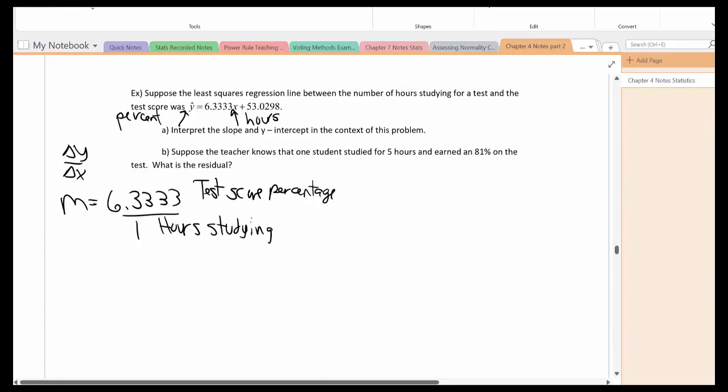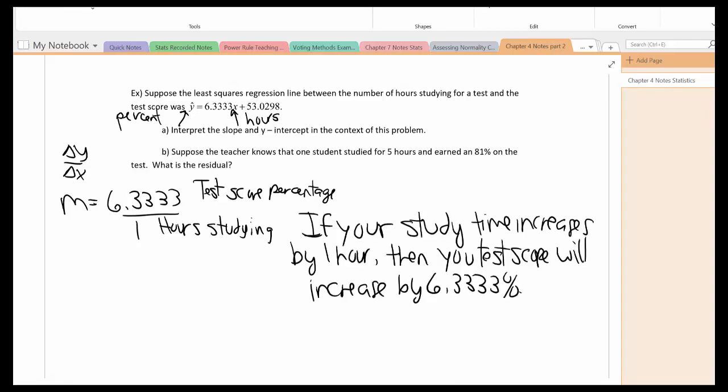So if you study for an extra hour, then you would expect your test score to increase by 6.3333%. So let me write that out now. So if your study time increases by 1 hour, then your test score will increase by 6.3333%.